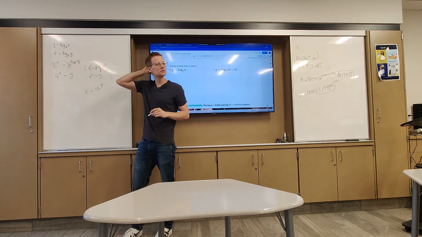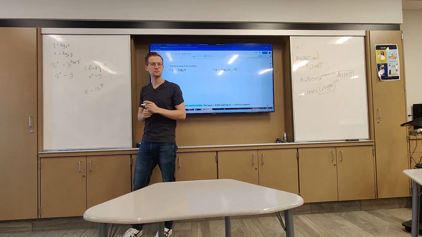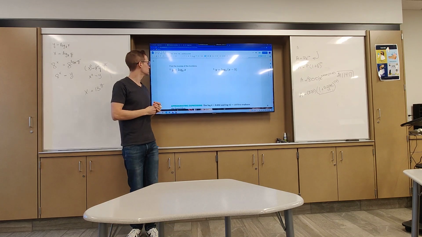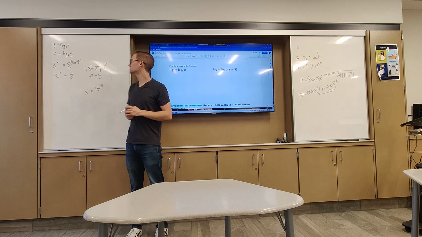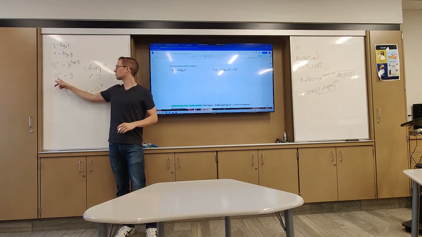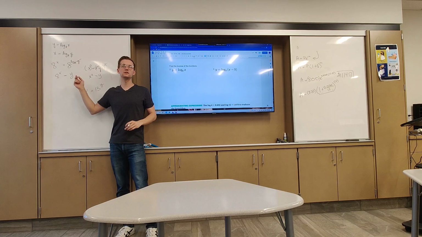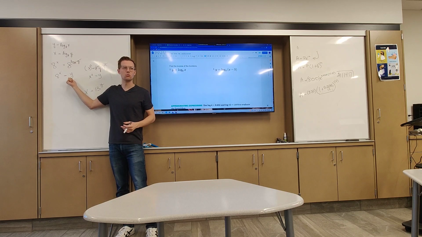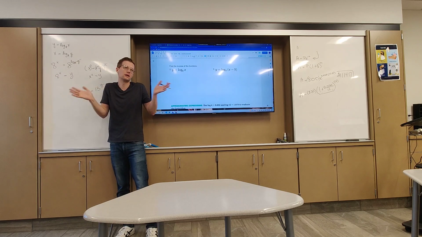Mister, I have a question. Why does the question say y is equal to log base 8 of x, but the answer also says y is equal to 8 to the x? These functions, you always solve for y. And so this y equals 8 to the x is a function. This is just a regular function.